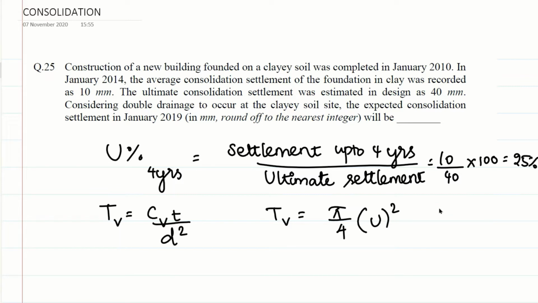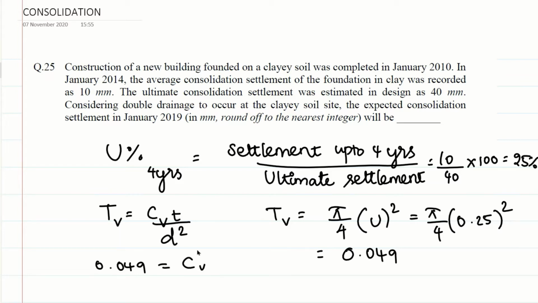Okay. So if you substitute U value here, then you will get pi by 4 into 0.25 whole square, which gives you 0.049. So just substitute this value into your Cv t by d square equation. So 0.049 is equal to Cv into time, which is 4 years.